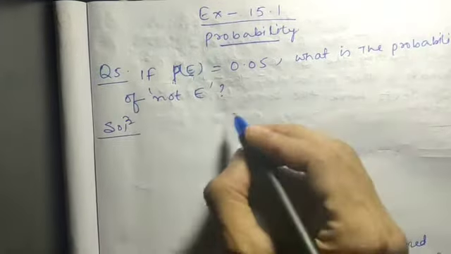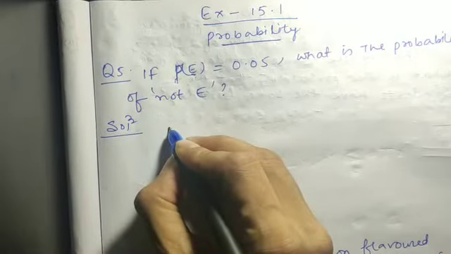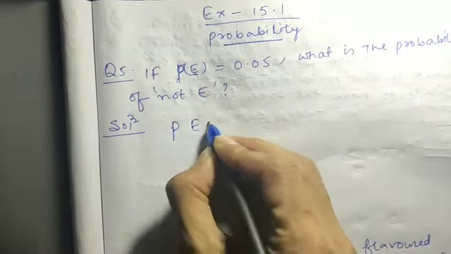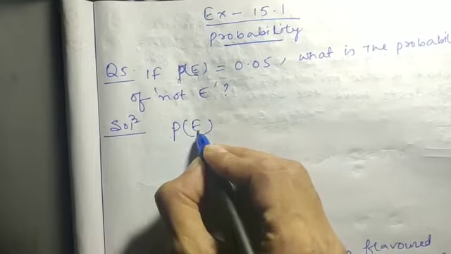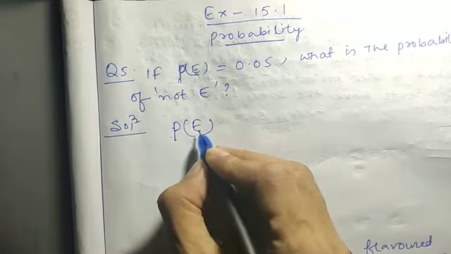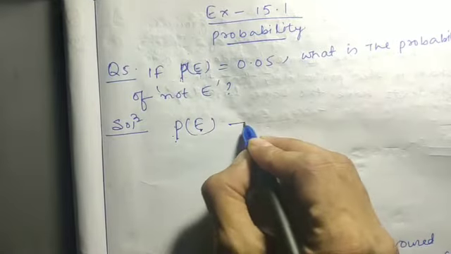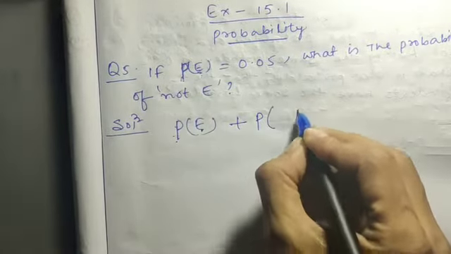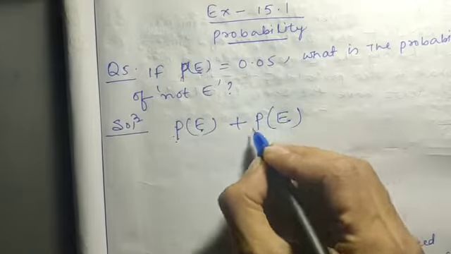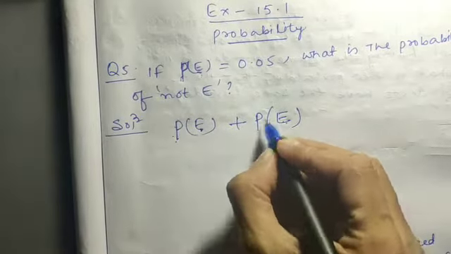That means probability of E, that is probability of happening that event, are you getting me? Probability of happening that event plus probability of not happening this event is 1.